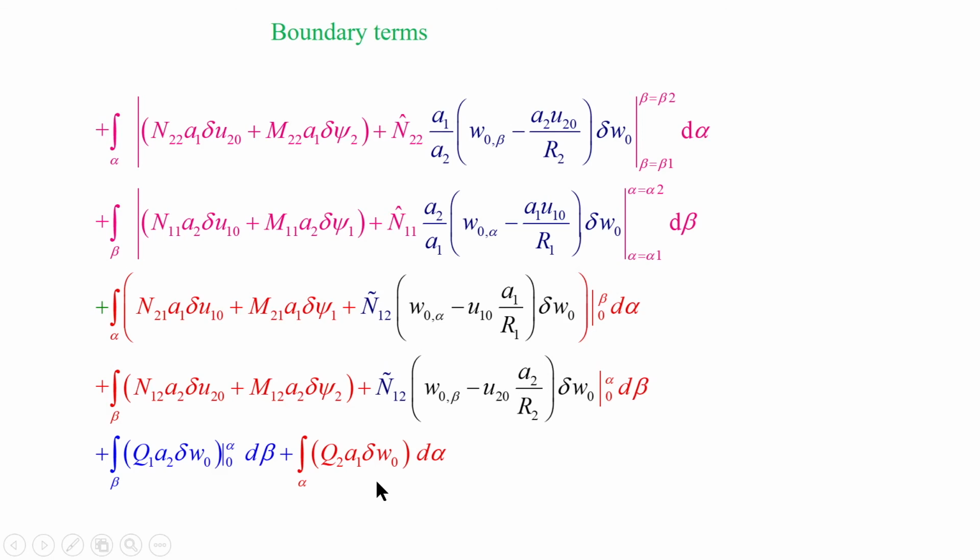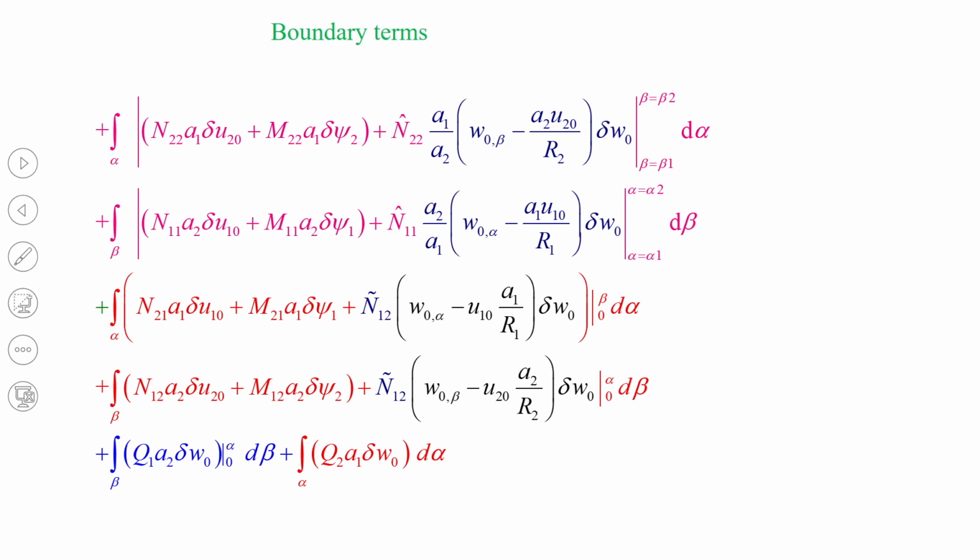So, these are our boundary terms. Here, the pink and red ones are the linear contribution, and the black and blue ones are the non-linear contribution. It is a contribution due to I4 and I5. So, we have written till now, clubbing the coefficients, the boundary terms separately, the non-linear terms and the linear terms.